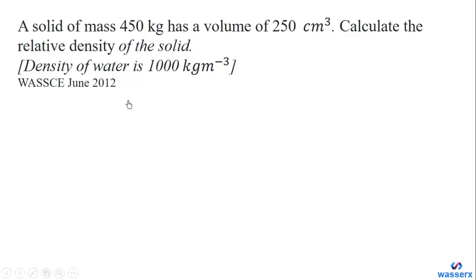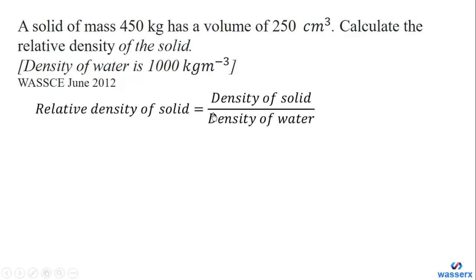So how do we solve this question? Recall that the relative density of solid is equal to density of solid over density of water. We know the density of water already, so what we need to get now is the value of the density of the solid. Then we plug into this relation, and that will give us the relative density of solid, what we are trying to calculate.